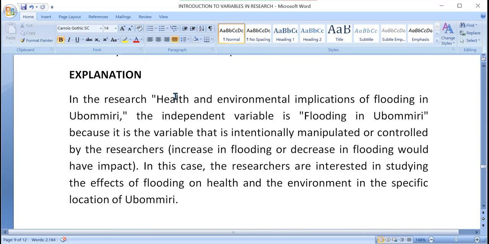Explanations. In the research, health and environmental implication of flooding in Ubomiri, the independent variable is flooding in Ubomiri because it is a variable that is intentionally manipulated or controlled by the researcher. That is, increase in flooding or decrease in flooding would have impacts. In this case, the researchers are interested in studying the effect of flood on health and environment in Ubomiri.